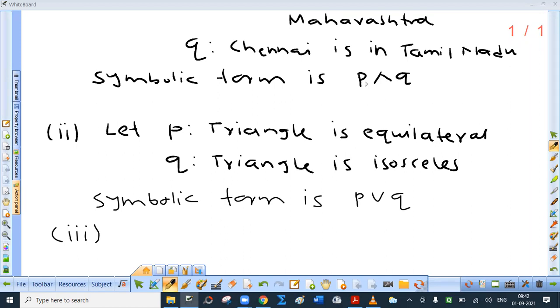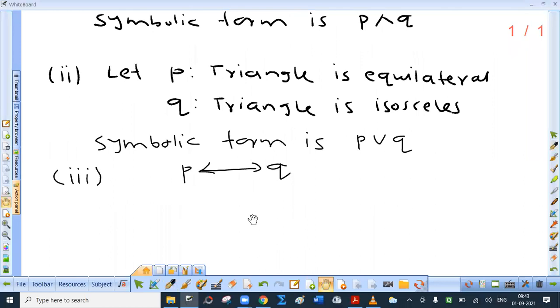Then the symbolic form is, see on the screen, P biconditional Q. This is for the third one.